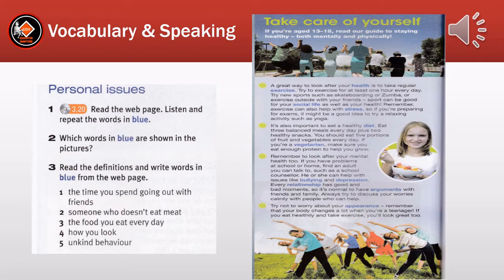Diet. Vegetarian. Bullying. Depression. Relationship. Arguments. Appearance.